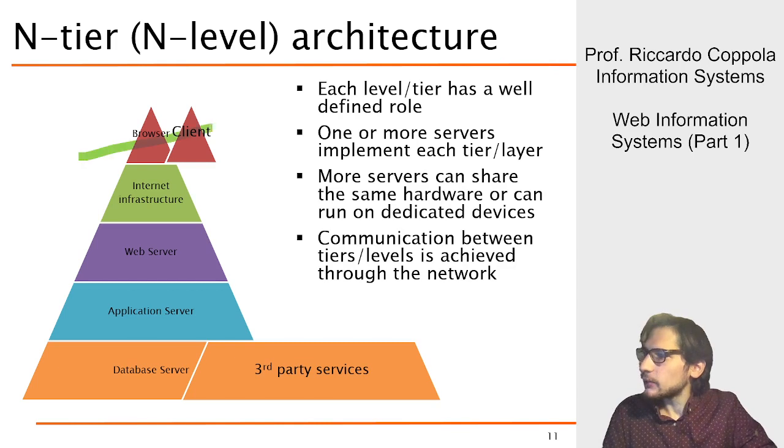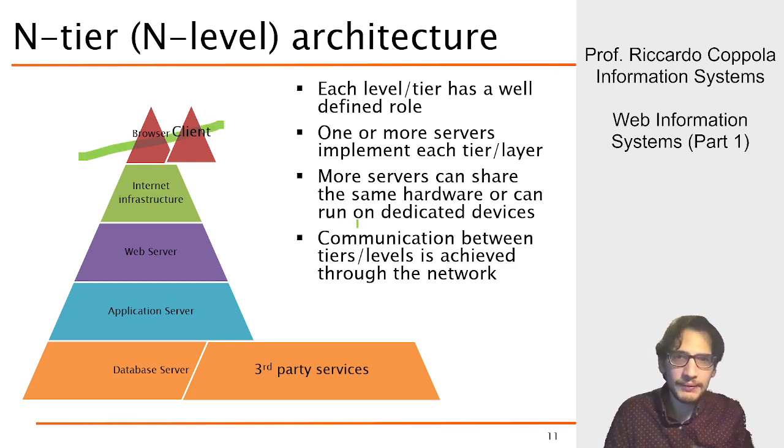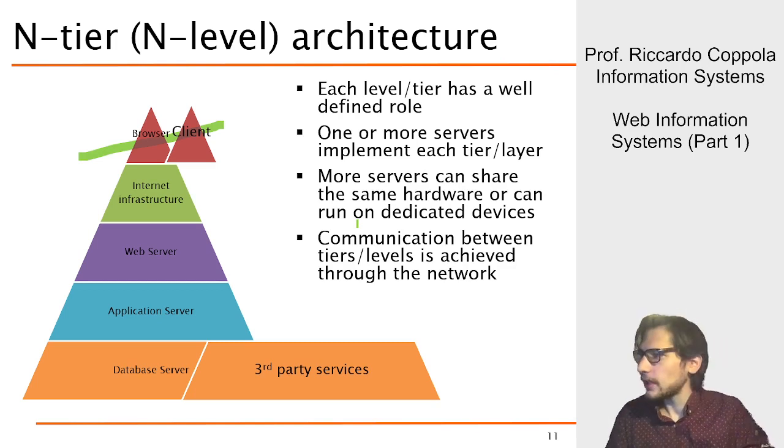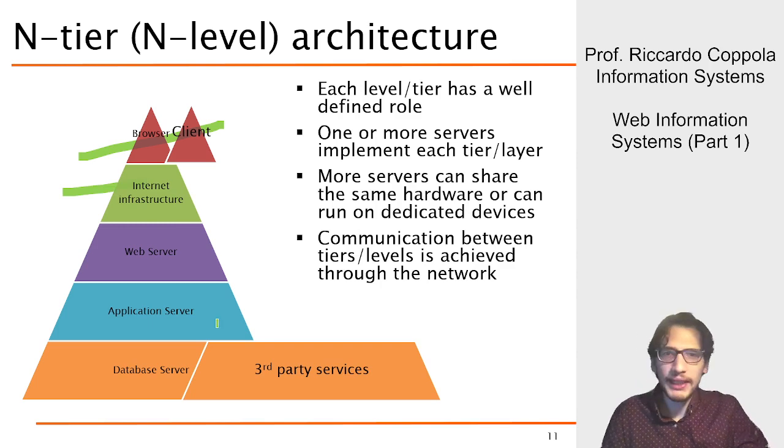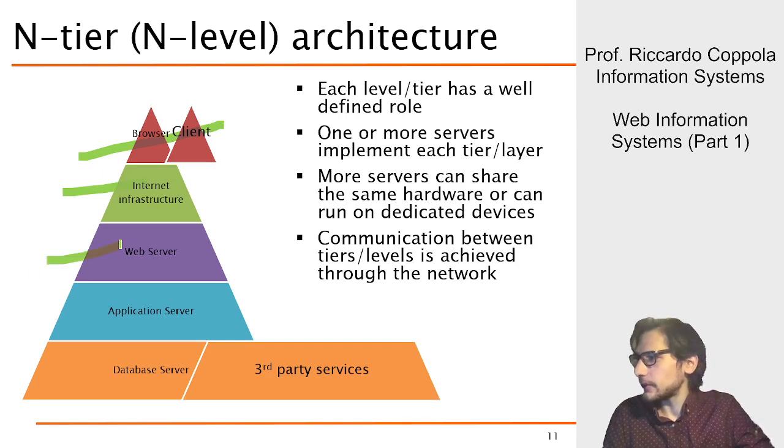At the highest level we have our client, the browser client, that is the software with which the final user interacts. If we go down, we have the internet infrastructure, that is all the infrastructure that allows all of my data to go around in the internet to reach the web servers.